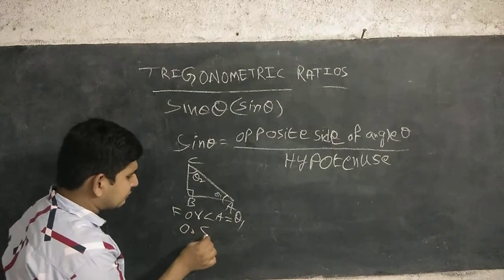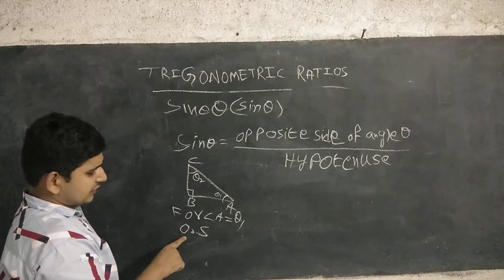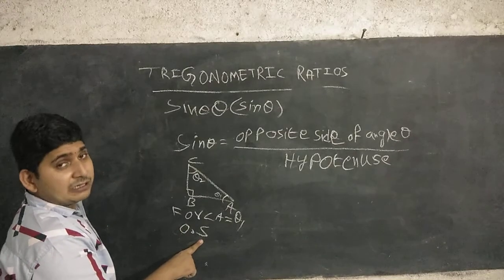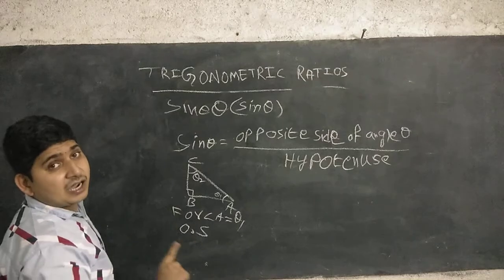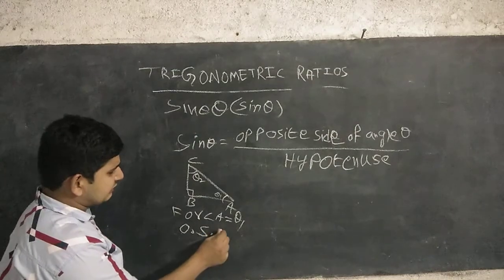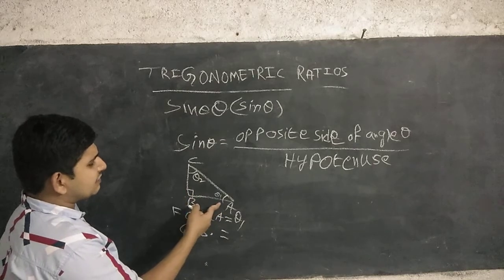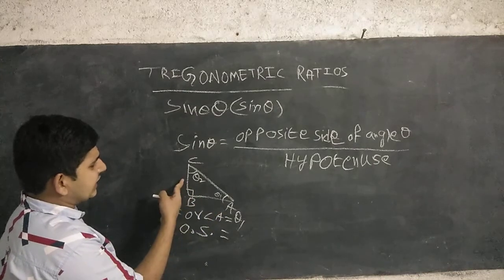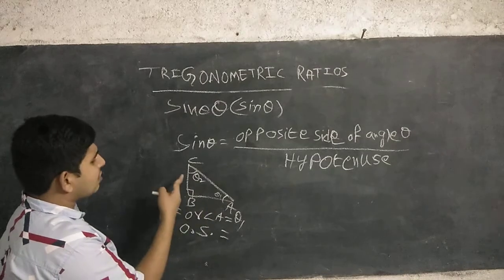For my convenience I write opposite side as OS, but you should not write like this; you should write the full words, opposite side. Here the opposite side equals BC, because theta 1 is not touching the side BC.